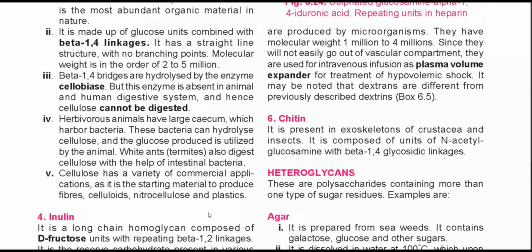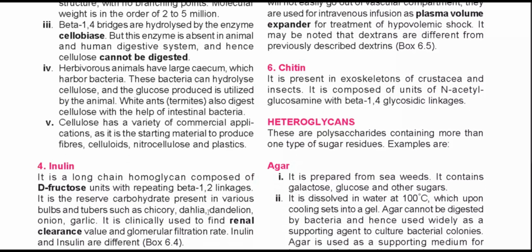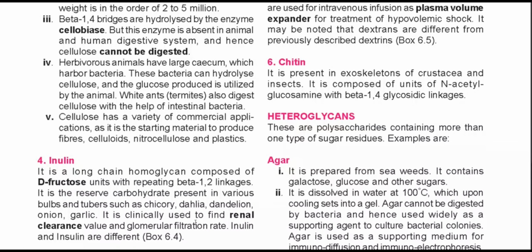Now another important one is inulin. Inulin is a homoglycan polymer composed of D-fructose units with repeating beta 1,2 linkage, and it is the reserve carbohydrate present in various bulbs and tubers such as dahlia, garlic, onion, etc. It is clinically used in the renal clearance test, and moreover it can be used to determine the glomerular filtration rate.